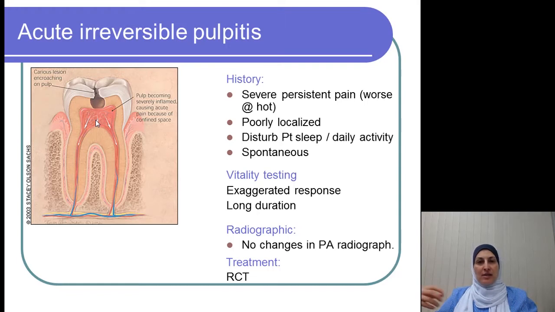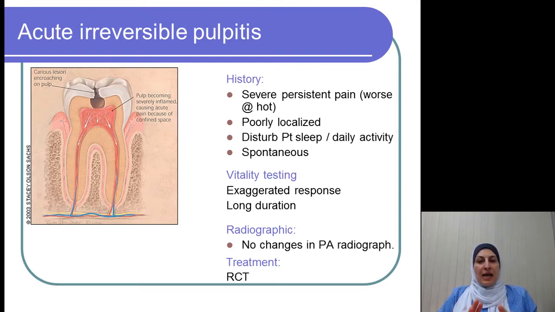And with a severe inflammation, there is lots of vasodilation, lots of blood is coming into the pulp tissues, lots of inflammatory cells are accumulating in the pulp tissues, and the patient will complain of severe pain. It's the worst pain. This is because of the compacted and non-yielding walls of the pulp. So this would induce great pressure and a huge amount of pain.